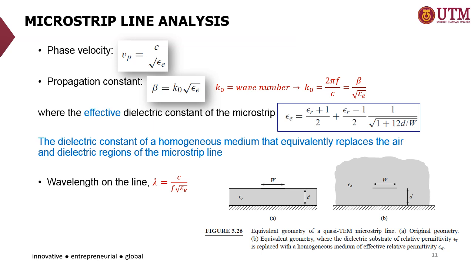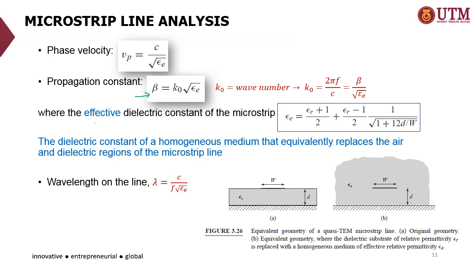Some equations involved in microstrip line analysis: the phase velocity as mentioned earlier, and the propagation constant beta equal to K naught, the wave number, multiplied by the square root of the effective permittivity. In strip line you use relative permittivity, epsilon R, but in microstrip line you use effective permittivity.